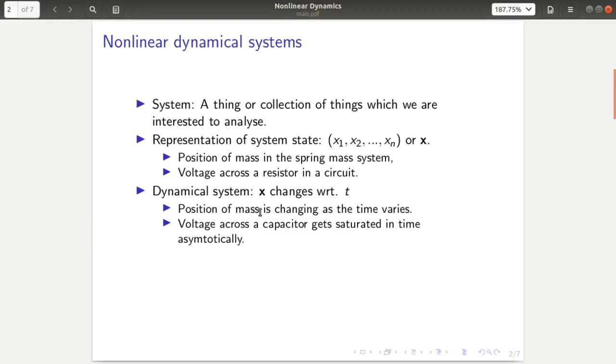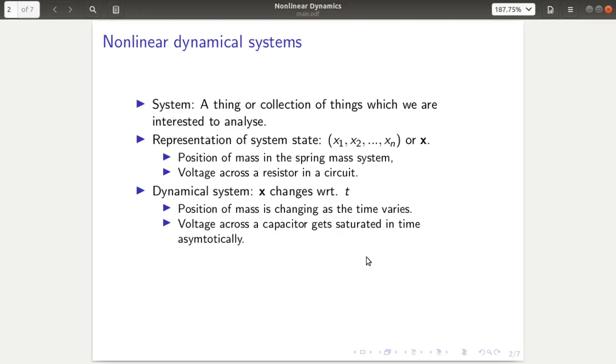So that's a dynamical system. And in the circuit, if instead of a resistor I put a capacitor and charge it, then the voltage across that capacitor keeps varying as the charge keeps changing. So the voltage across a capacitor in that circuit is a dynamical variable. If the state variable is changing with respect to time, then the system is a dynamical system.